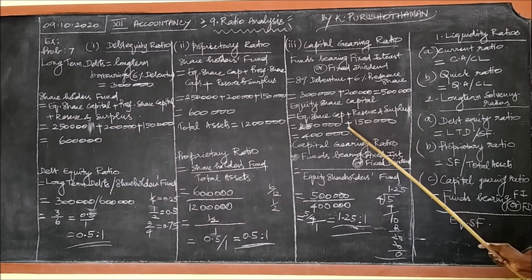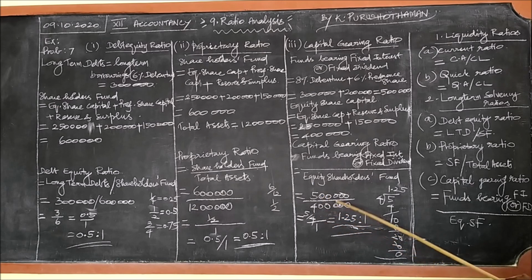So you add these two, you will get the denominator value, and divide the numerator by it. Cancel all the 5 zeros, for 4 you put 1, so 5 by 4. If you divide 5 by 4, you will get 1.25, that is 1.25 is to 1. You can write that.